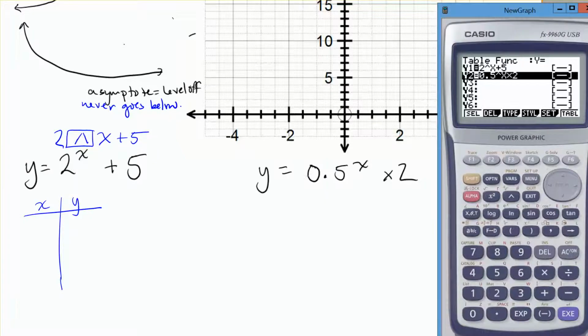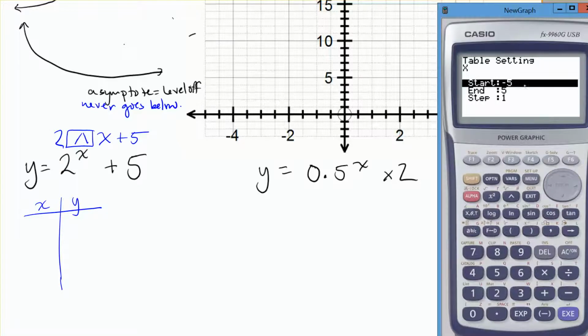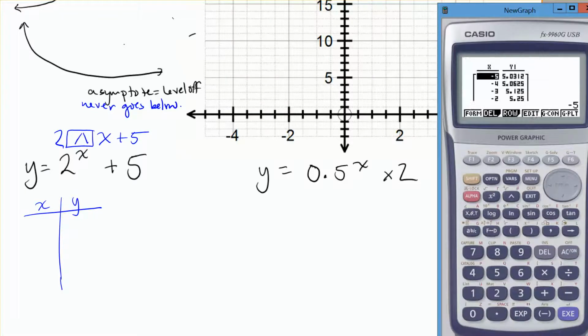So the other rule that we'll plug in is 0.5 to the power of x times 2, which is what I've got here. I'm just going to go ahead and turn that one off for now, though, so we don't have to see it. And I'm going to go ahead and set my variables here. I notice in my graph I go from -5 to 5 on the x scale, so I'm going to go from -5 to 5 with a step of 1, and see what kind of points I get from my table.